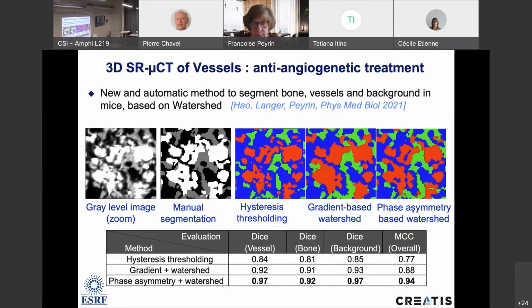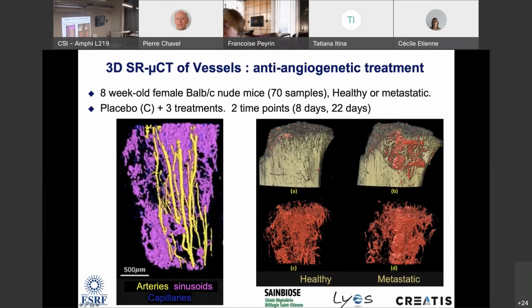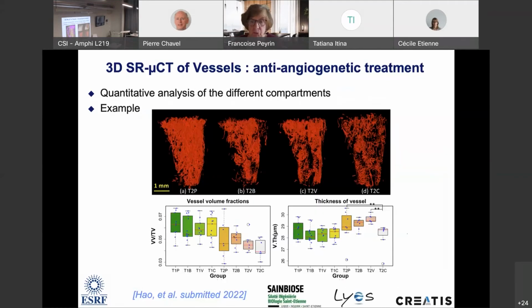I have no time to detail it, but it was used to process images from mice with breast cancer, and we could again obtain an image of the vascular network in healthy mice and in metastatic mice. And just to show you that we could obtain a lot of parameters on the different structures. This work is in progress. It has just been submitted in January.